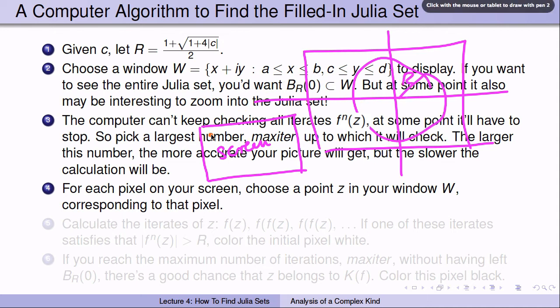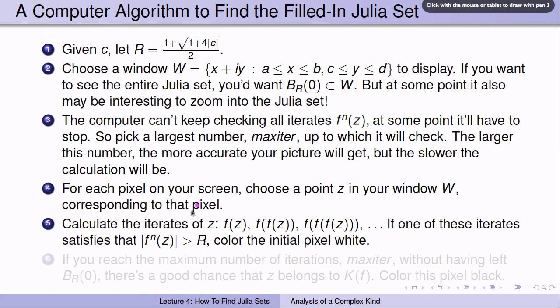So for each point on your screen, you need to find the corresponding point z in your window. Your screen consists of pixels, and for each pixel you need to decide how that corresponds to points in your window. That's just a linear mapping, that's not very hard.